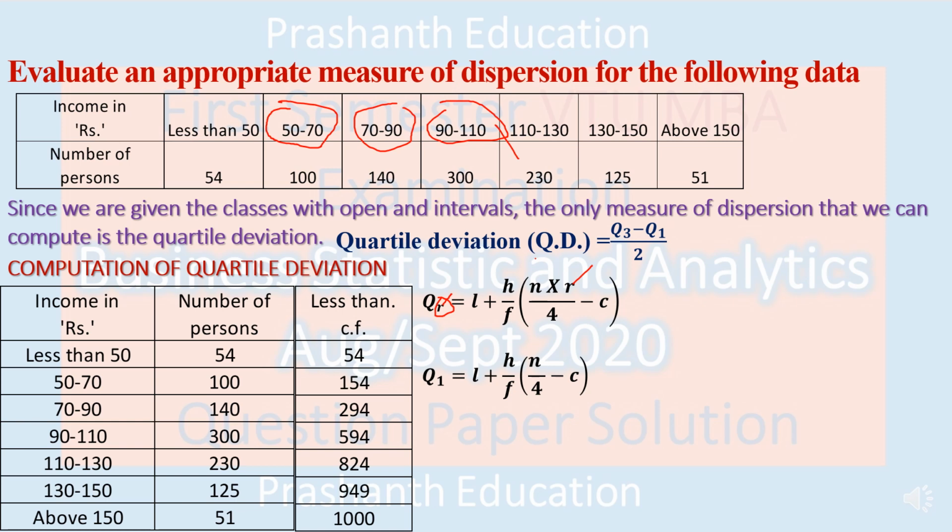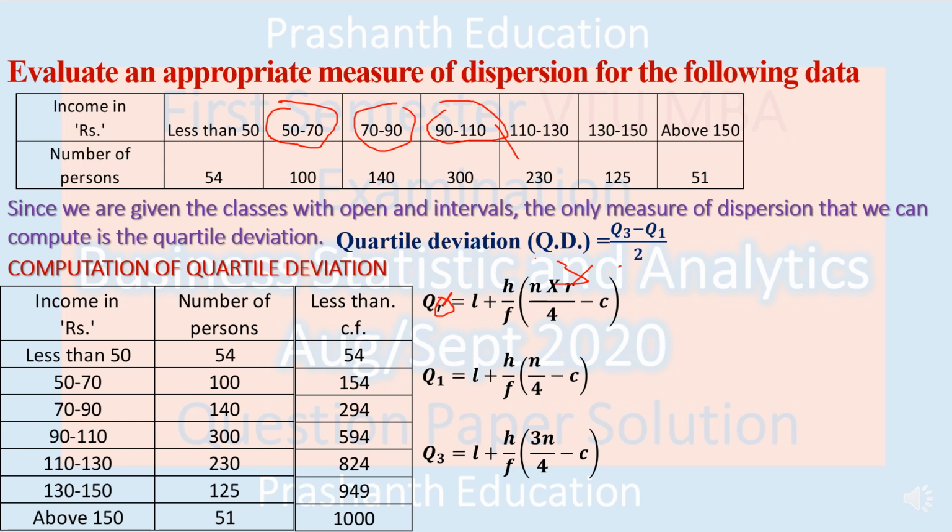I will explain what L, h, f, c mean. For the time being, understand Q1 as L plus h by f (n by 4 minus c). If I want to do it similarly for 3, I replace this r with 3. So this becomes 3n by 4. So Q3 is L plus h by f (3n by 4 minus c). This is the only difference you can find in Q1 and Q3.